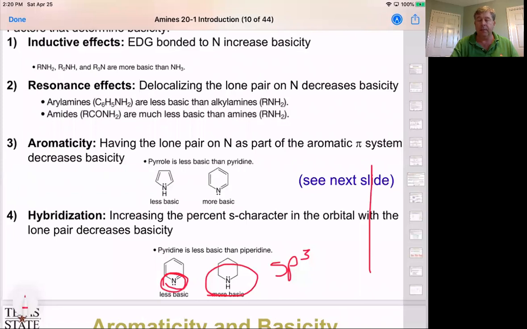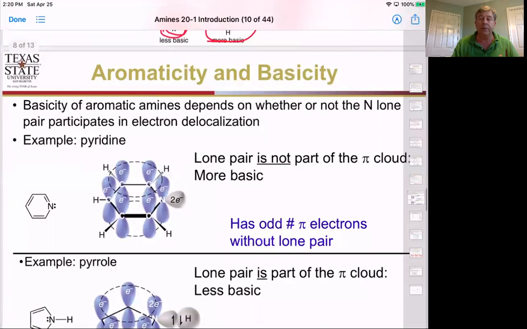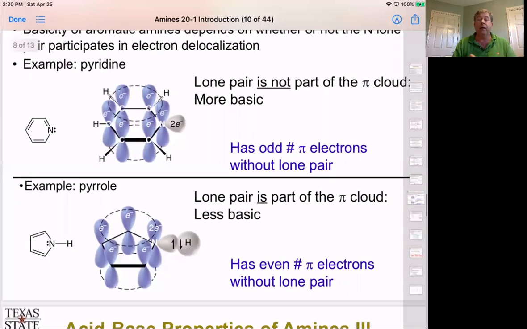Okay, so now let's talk about aromaticity and basicity here. I said that you have two possible cases. In one case, the lone pair that is dictating the basicity can be donated into the ring to be included in the number of aromatizing electrons, like the 6 electrons in the case of these 5 and 6 membered rings, or it is not part of the aromaticity.